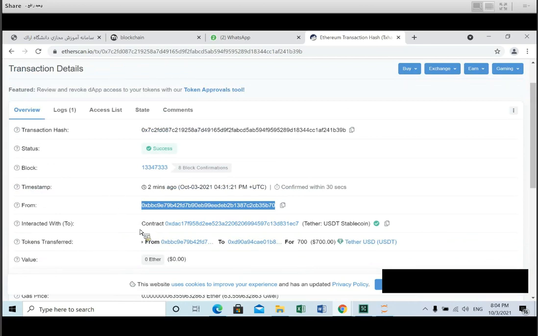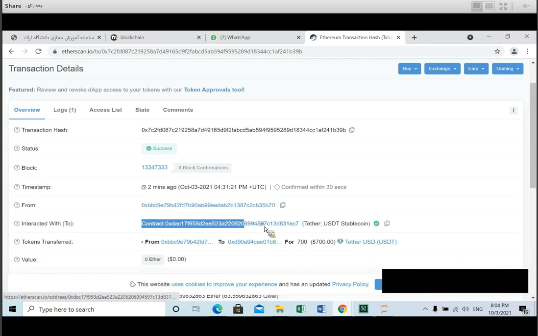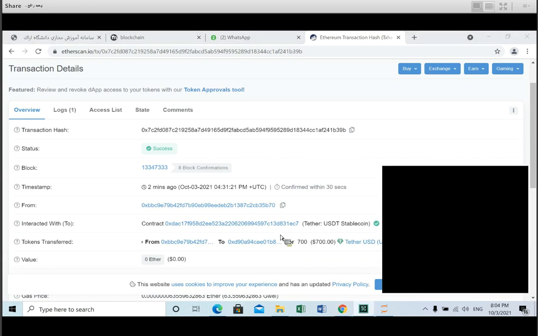This is the receiver. This is the address of receiver. So this is the sender, this is the receiver, and the other information like how much Ethereum was transferred by this transaction. Token transferred, you can see here.